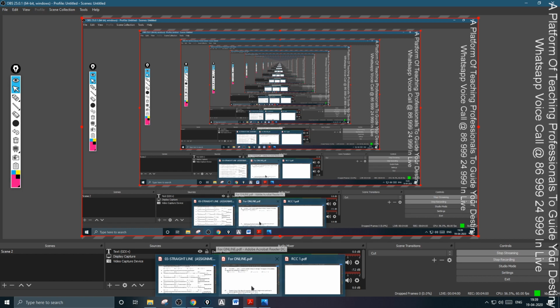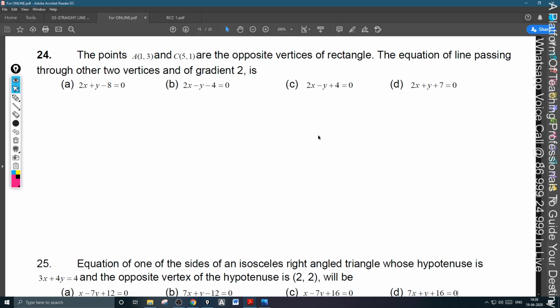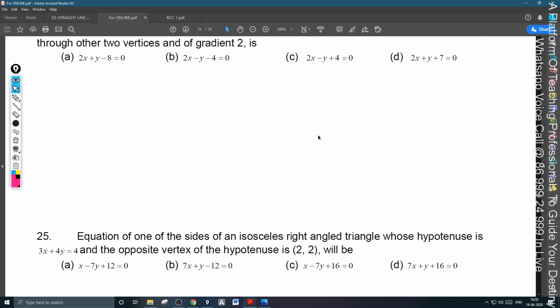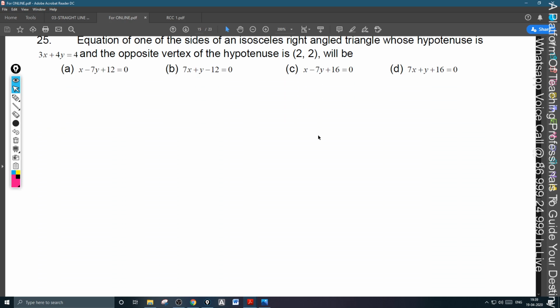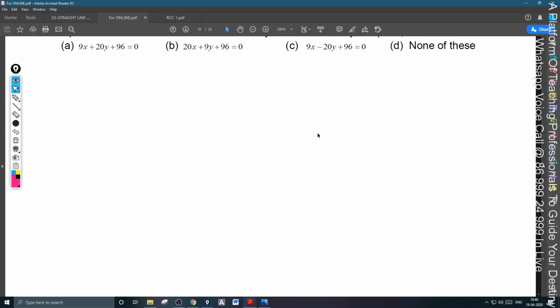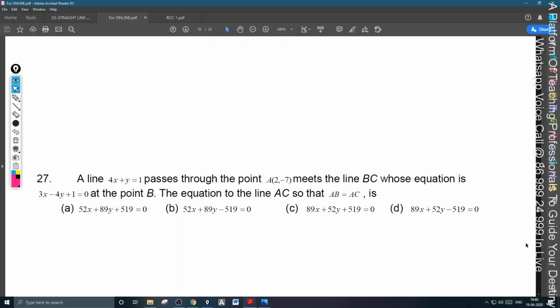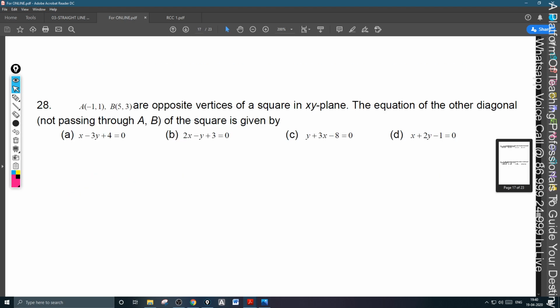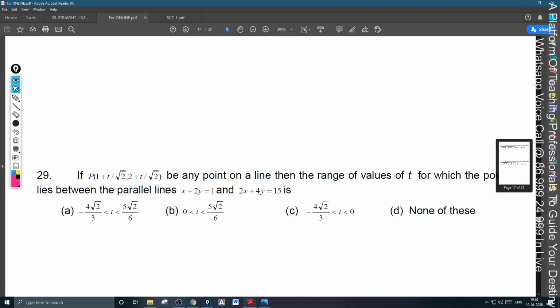Let me take the display capture. According to this, yesterday, what problem we have taken? Let me discuss that first, so that the continuation is done.